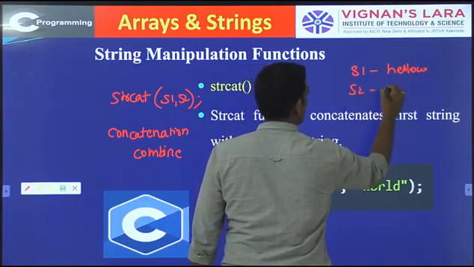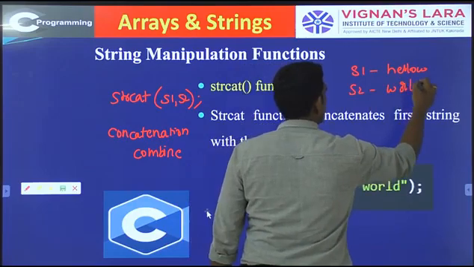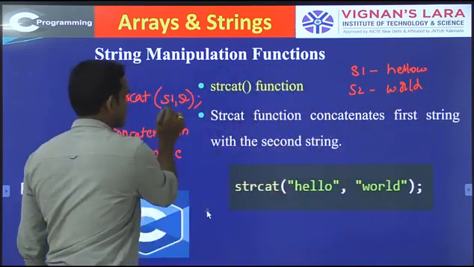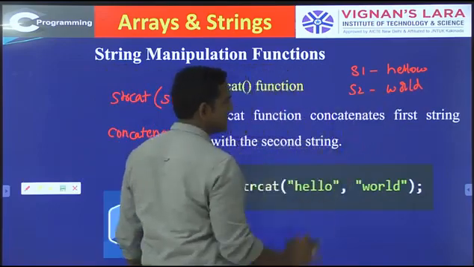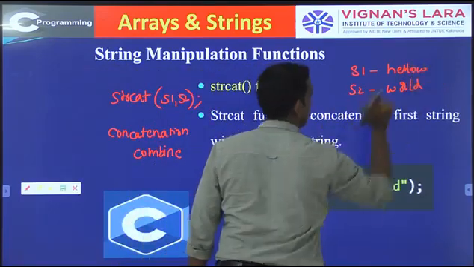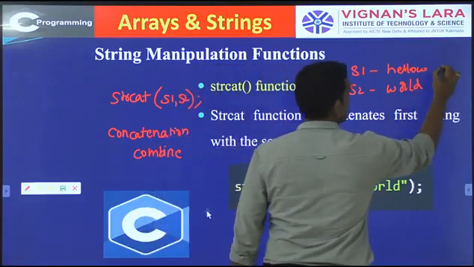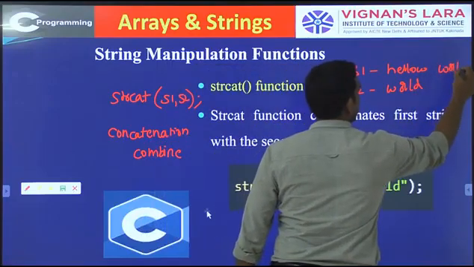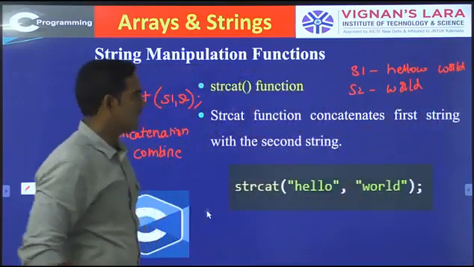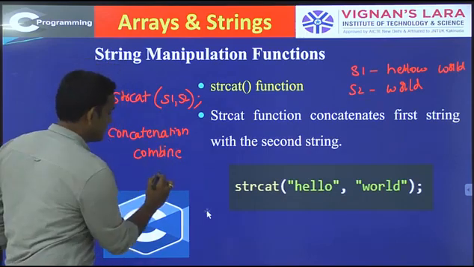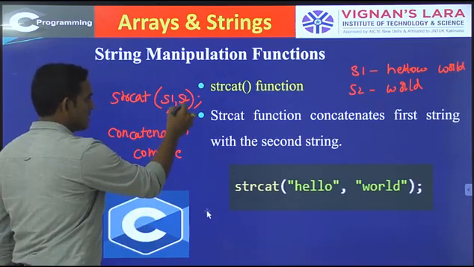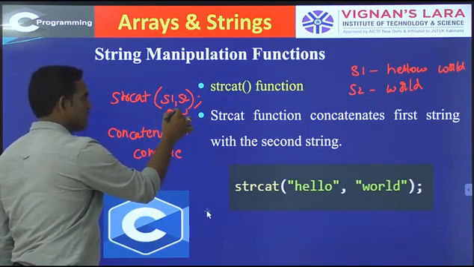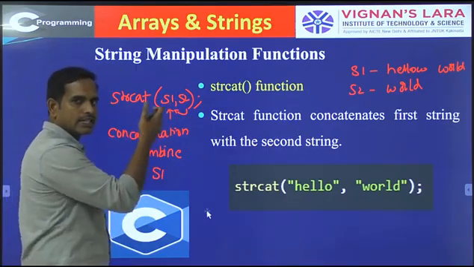and s2 is world. Okay, if I perform strcat s1 comma s2, whatever contents are present in s2 will be combined with s1. Now s1 will contain hello world. So the first argument and the second argument will be concatenated, or combined.